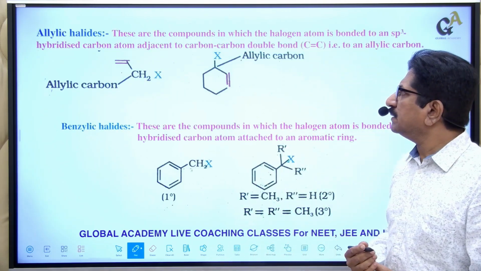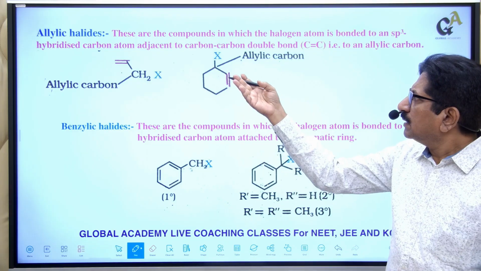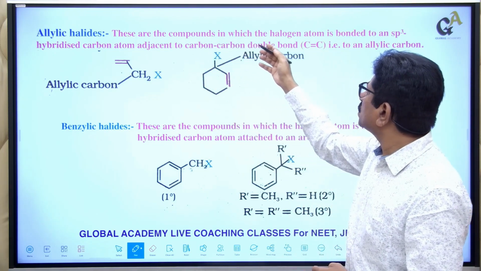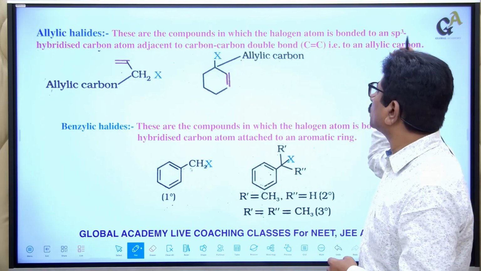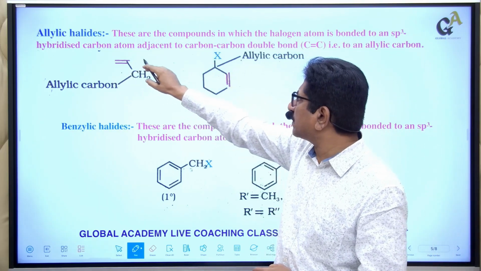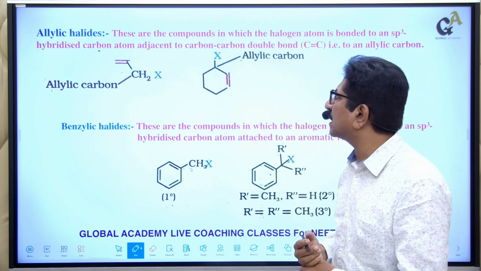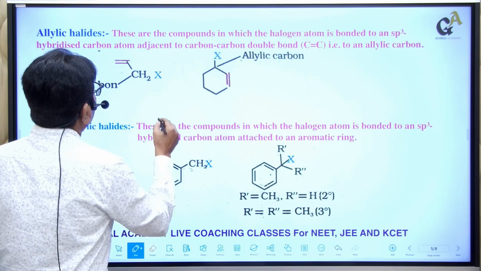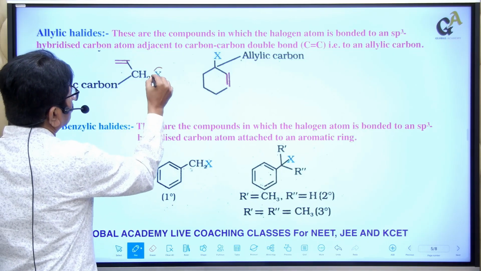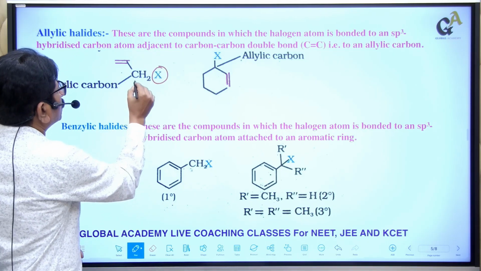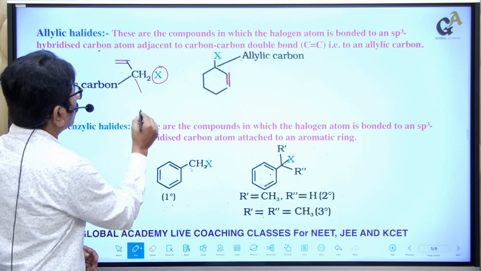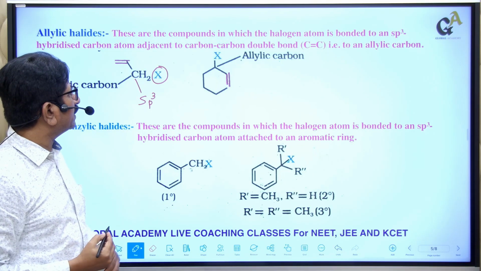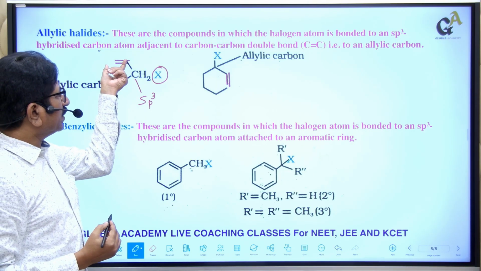Now, similarly, allylic halides are the compounds in which the halogen atom is bonded to an sp3 hybridized carbon atom adjacent to a carbon-carbon double bond. In this compound, you can see that this halogen is linked to the carbon which is sp3 hybridized, and then there is a double bond here.